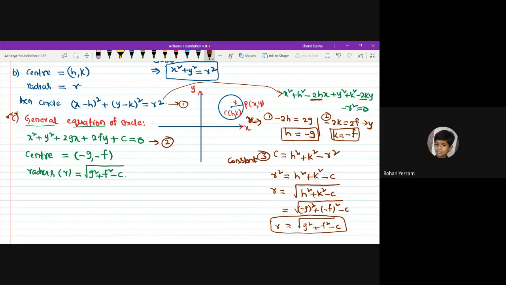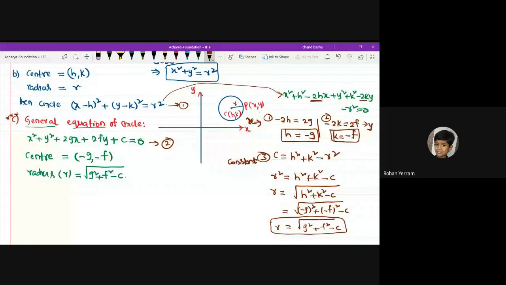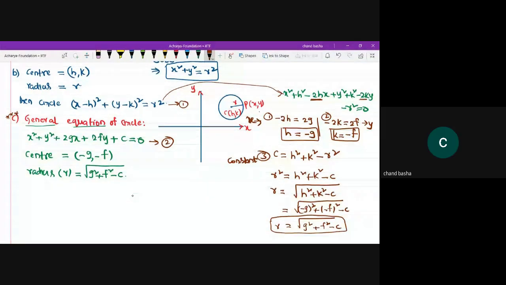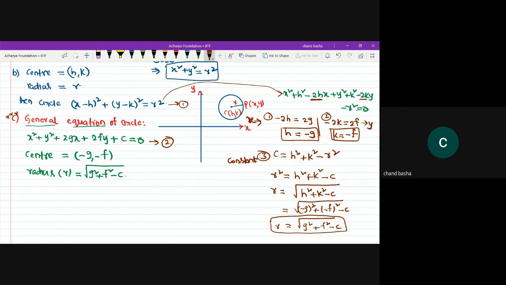Sir, could you explain the third one again? I did not understand. Other than x coefficient, y coefficient, x square, y square, any parameter is there? It is C here in equation number 2. In equation 1, after expansion, h square, k square, r square, 3 terms are there.